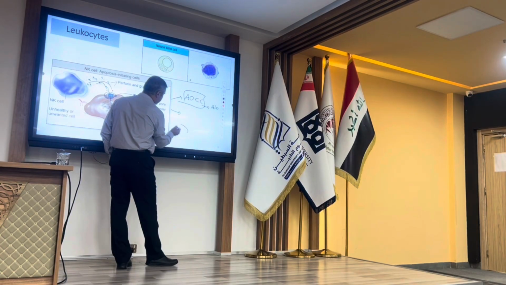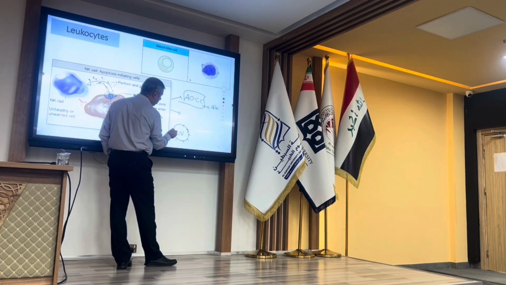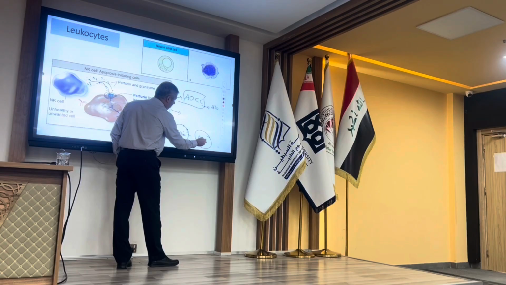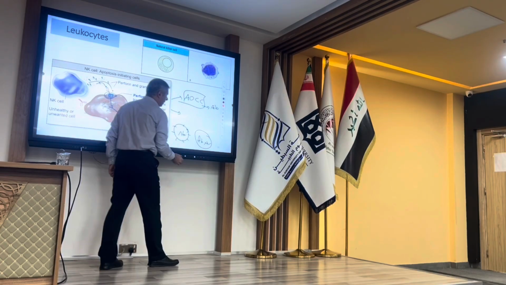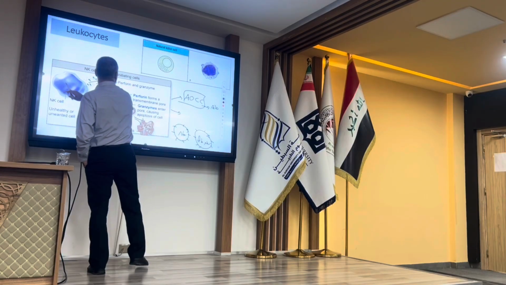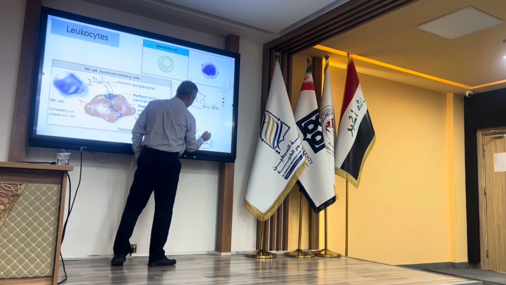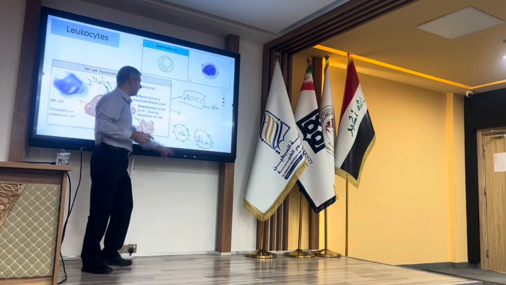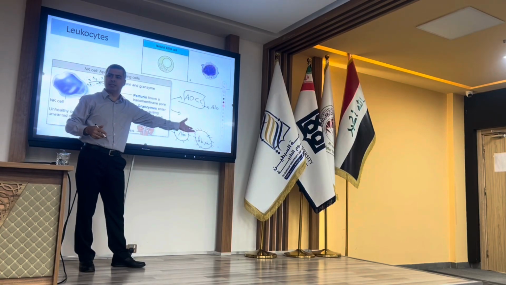For example, this one is a normal cell. It has some normal antigens on its surface. And this one is an abnormal cell. It has again some normal antigens and some abnormal antigens. The red ones are abnormal antigens.